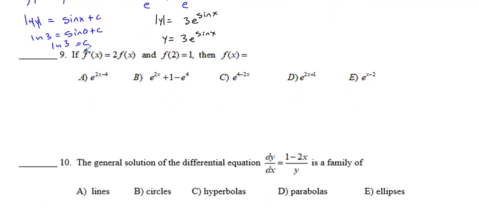Okay, number 9. If f prime equals 2f of x and f of 2 equals 1, so we have the point 2, 1, right? Sometimes I like to write that down just to remind myself x is 2, y is 1. Then f of x equals, oh my goodness.